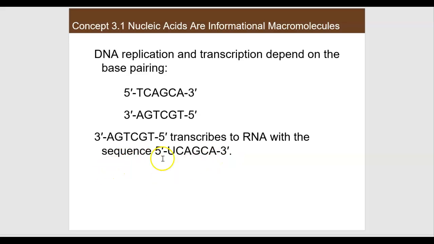So wherever you see T, uracil is going to replace it. This would actually be the DNA strand that was being converted into RNA. So I think I confused you there, but I'll clarify in class.